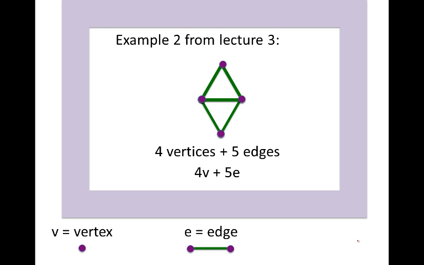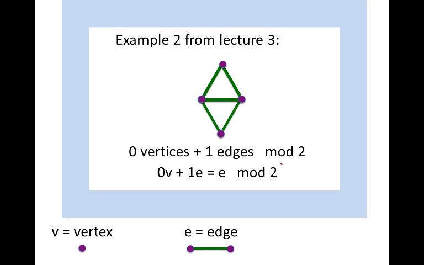In the last lecture, we looked at an example of a graph with 4 vertices plus 5 edges. Now let's look at that example mod 2. Now mod 2, I have 0 vertices and 1 edge. Remember, when working mod 2, even numbers are represented by 0, so 4 equals 0 mod 2.